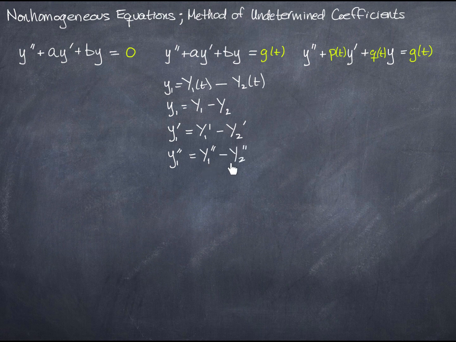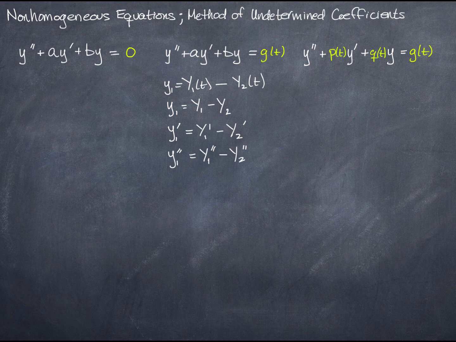Big Y1 and big Y2 are different solutions to this non-homogeneous differential equation. And now that I know the first and second derivatives of my proposed solution, I'm going to plug them in here and see what I get.